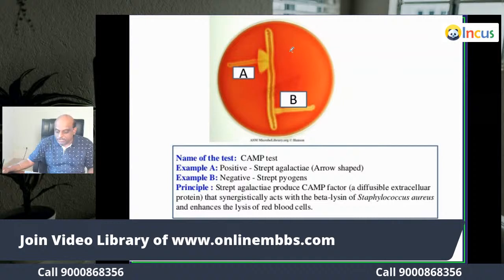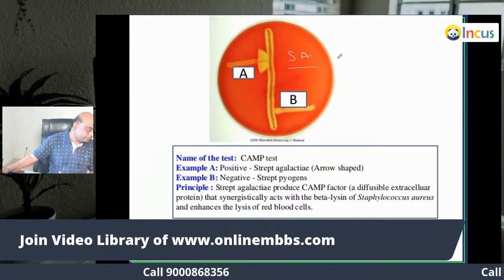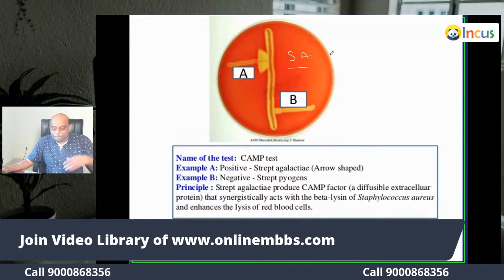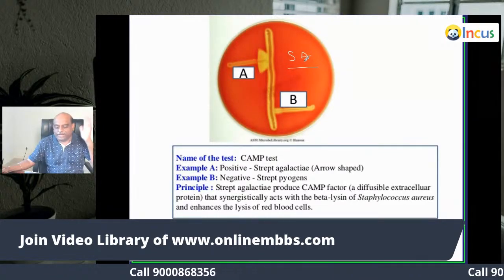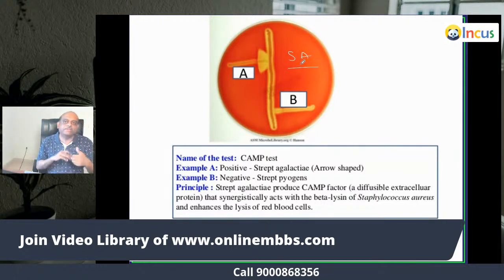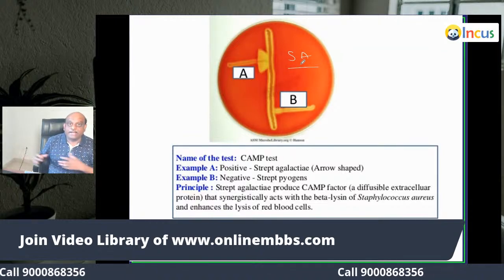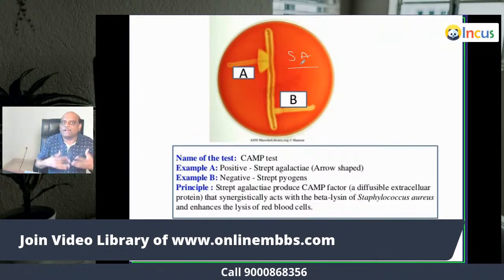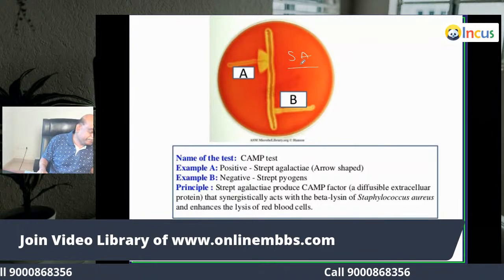Streptococcus agalactiae produces a CAMP factor. CAMP factor is a diffusible extracellular protein that will act synergistically with the beta lysin of Staph aureus, and it will enhance the lysis of the RBCs. That's what you need to remember.